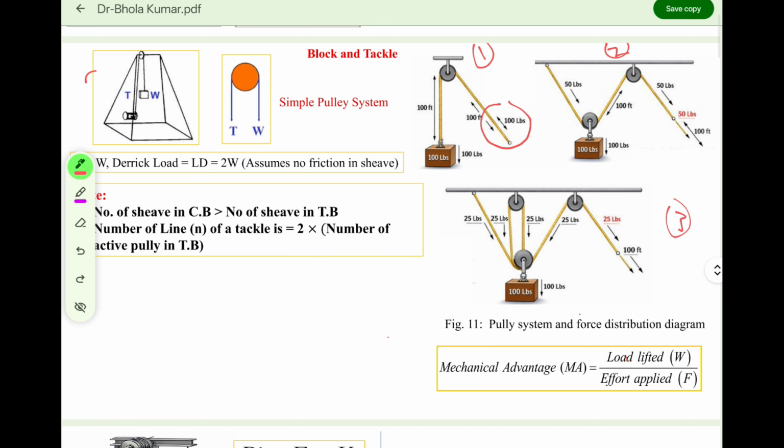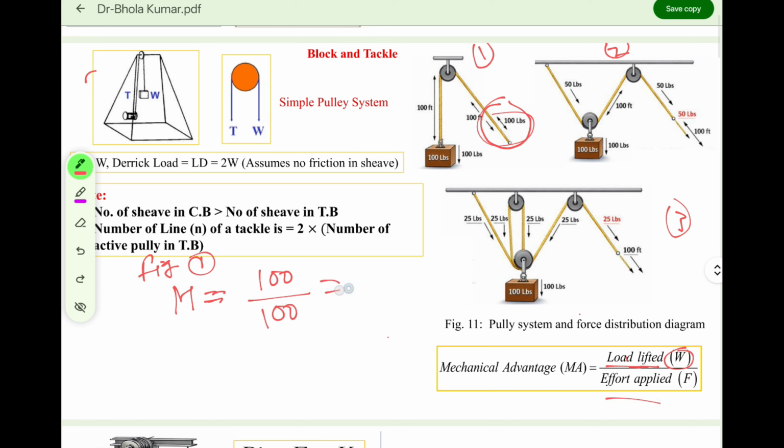So if you want to write the mechanical advantage, which is represented by M, for figure 1, how much load do you want to lift? 100 kg, right? And the load lifted, W, how much is W? 100. And the effort you are applying, how much effort are you applying? 100.